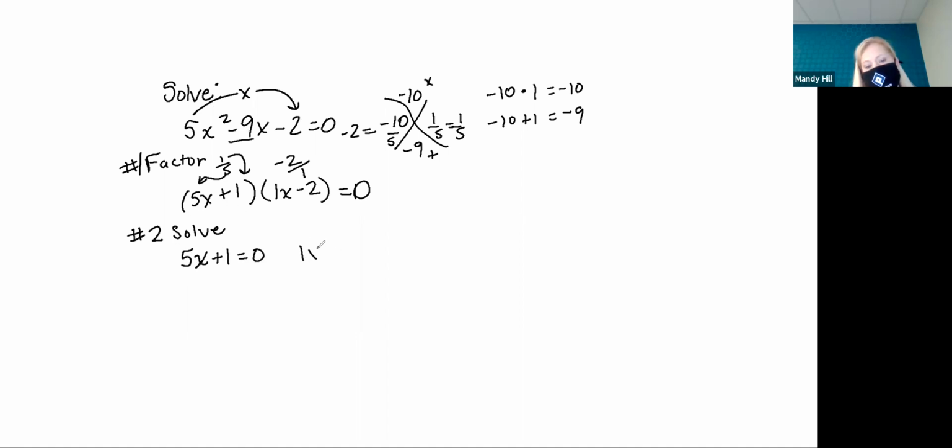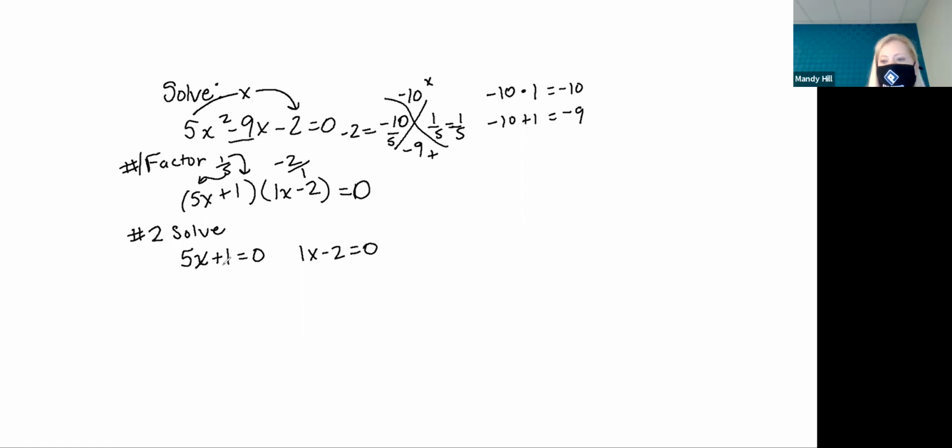Then you let 1x minus 2 equal 0. So you've got two different things that you're looking for. I just split these up and let them both equal 0. Now I'm going to solve them, and that's going to give me the answer.